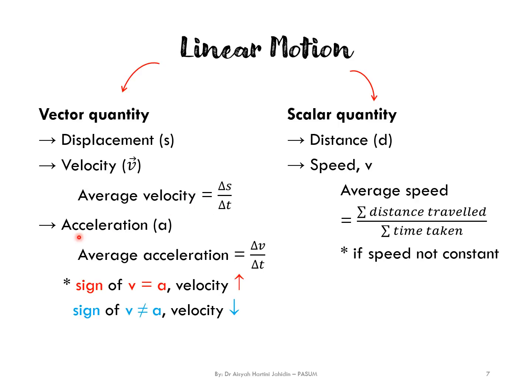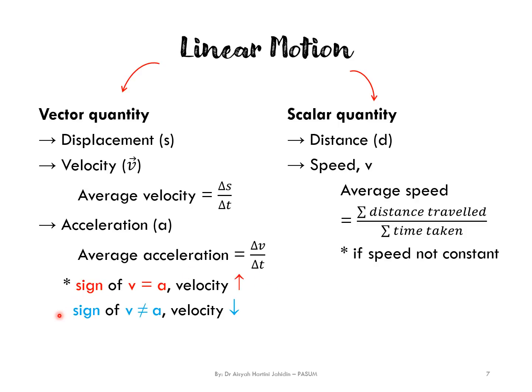As we can see here, we have two cases of velocity and acceleration. For the first case, if the sign of velocity is equal to the acceleration, or both are in the same direction, the velocity is increasing, or we can say the object is accelerating.